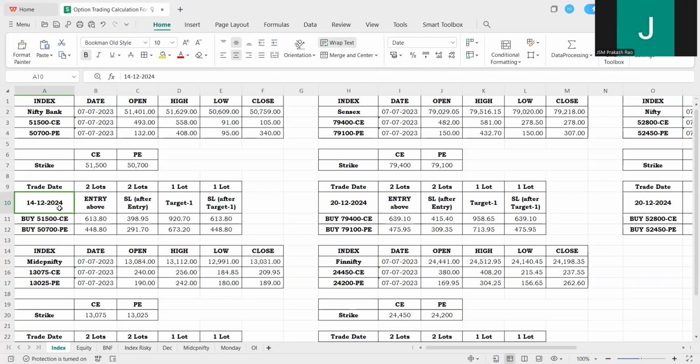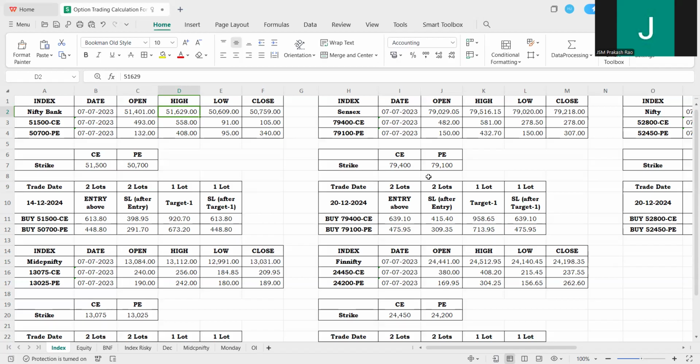So for example, if I want to know Monday's date, I'll take the high, low, close of Monday. The close is 51,401, which I have put. Then the high of Friday was 51,629, and the low of that particular Friday was 50,609 and 5759.